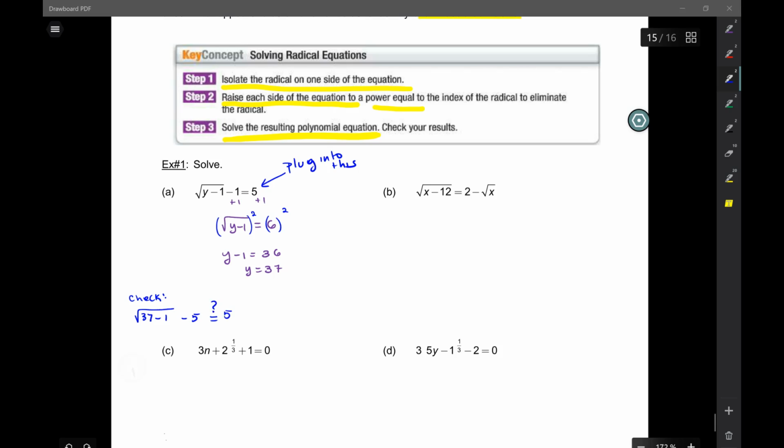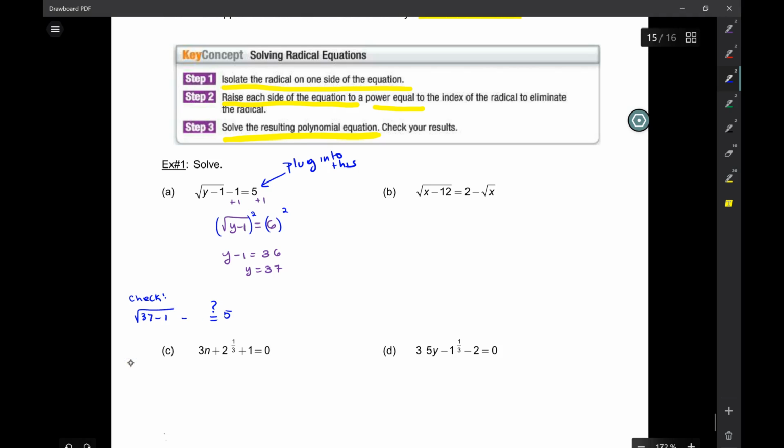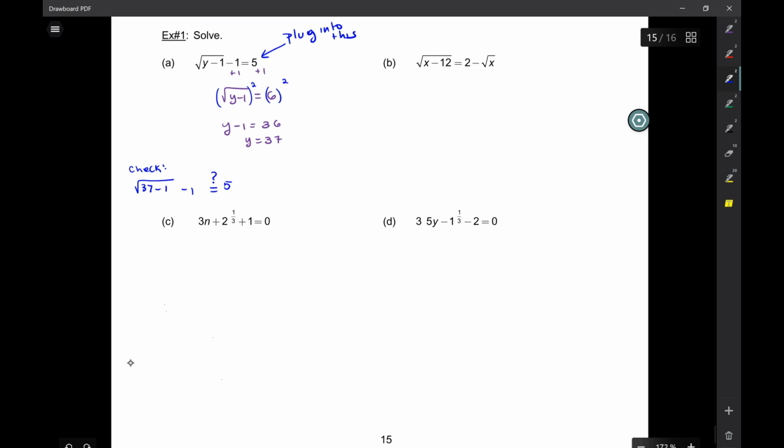Oh, sorry, minus 1. So 37 minus 1, that's the square root of 36. So 6 minus 1, that is equal to 5. So that's a solution, and I keep that solution.